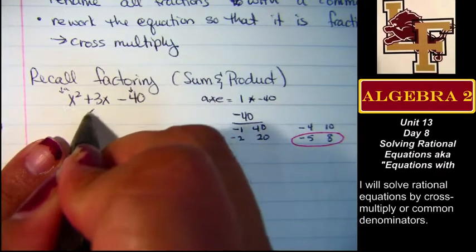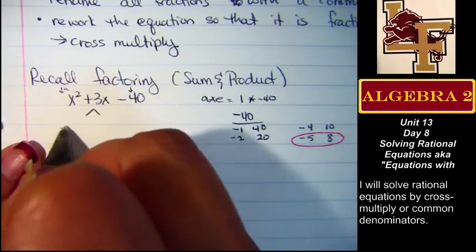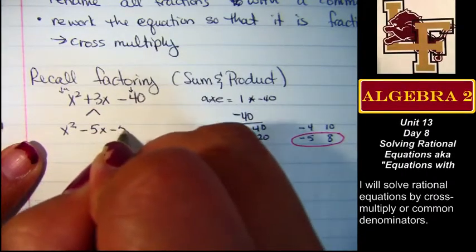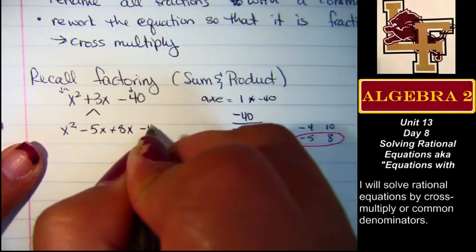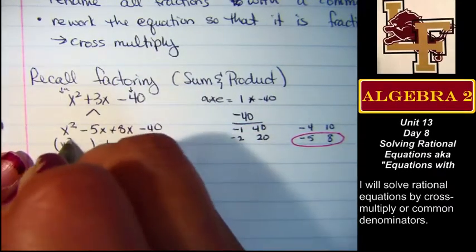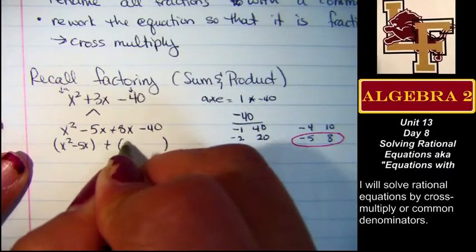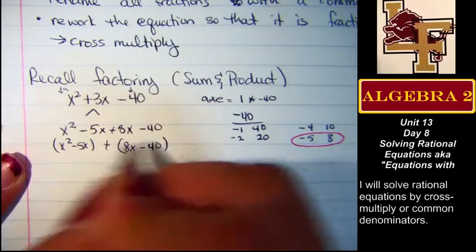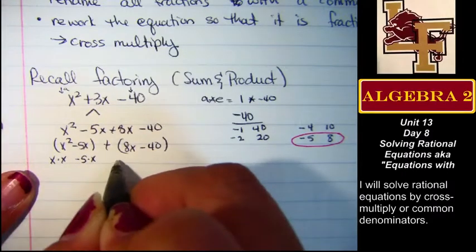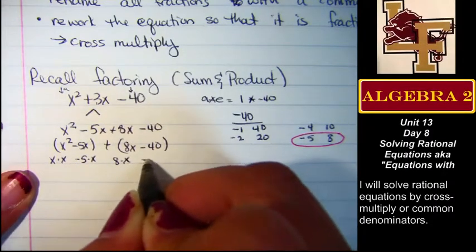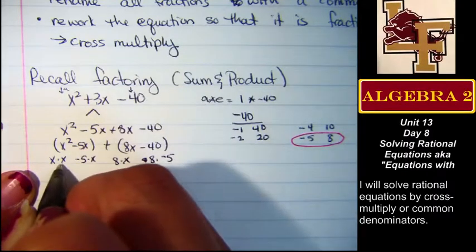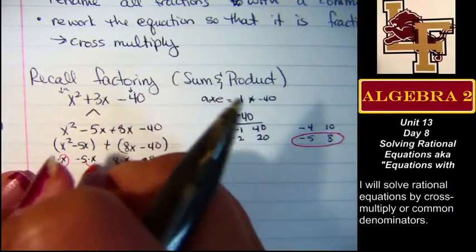So I'm going to split this up into 2. We have x squared here, negative 5x, positive 8x. Factor by grouping. Now if you're already seeing the shortcut on this and you're able to jump from where we're at now to where we're going to be in a little bit, then by all means, please do use that shortcut.